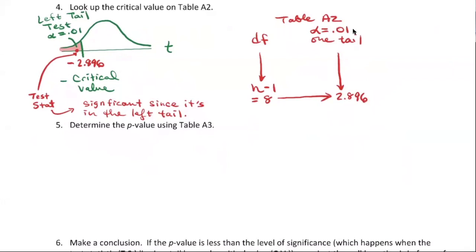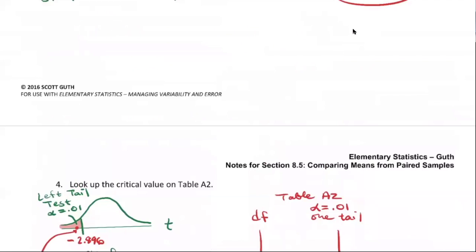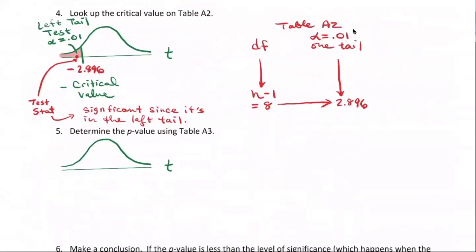Well, I'm just going to draw that picture again. Actually, I almost want to just copy it. That feels like cheating. But, you know, I can cheat. You can't cheat, but I can. Okay, so let's put in that 2.896 here. No, that's not what it was. The test statistic is negative 3.146.